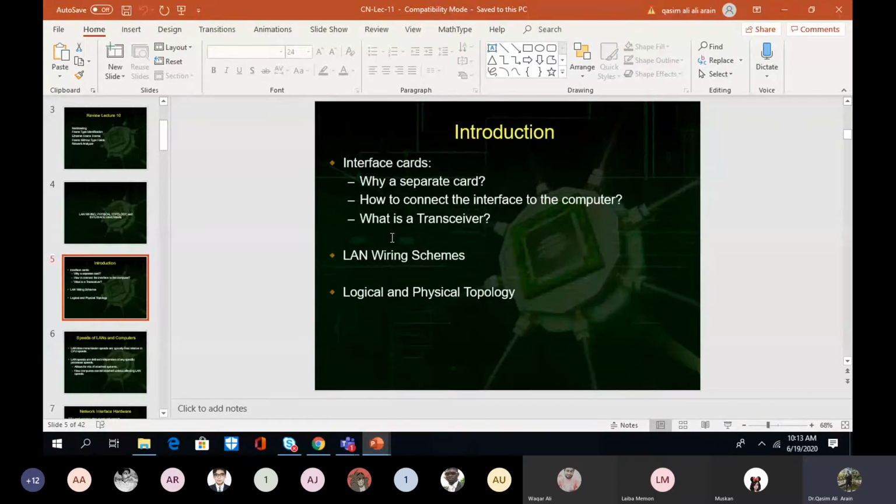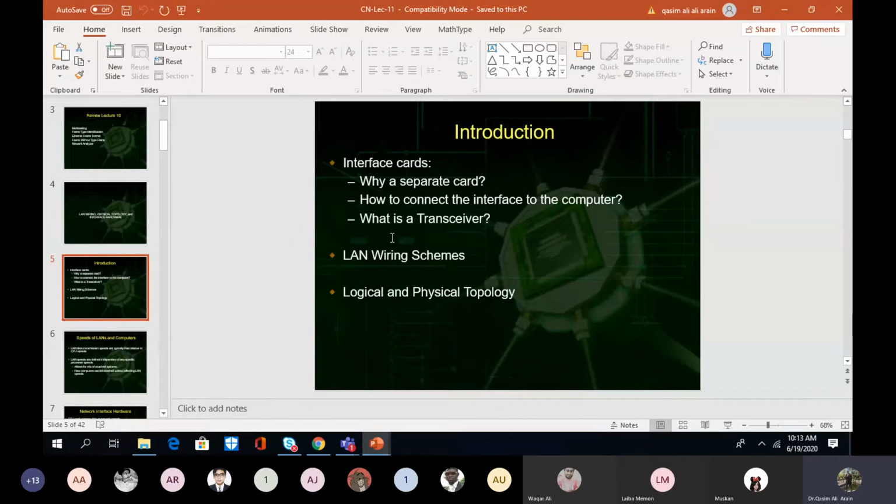Now what is going to happen, the speed of the network and the speed of your CPU do not match. The network speed is higher and the speed of the CPU is slower, right? Due to that a bottleneck is going to be created. For that reason we need an intermediary device that is called your LAN hardware, LAN interface, network interface card, or a network adapter, जिसको हम कहते हैं NIC, network interface card, right?